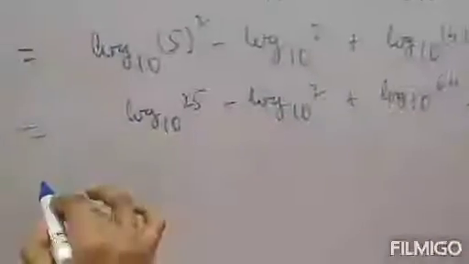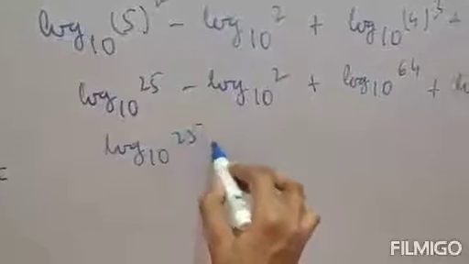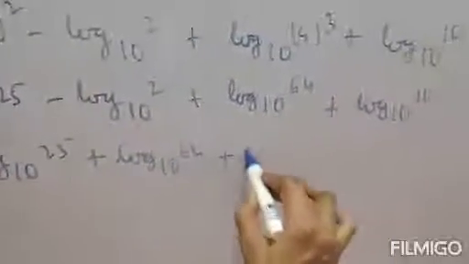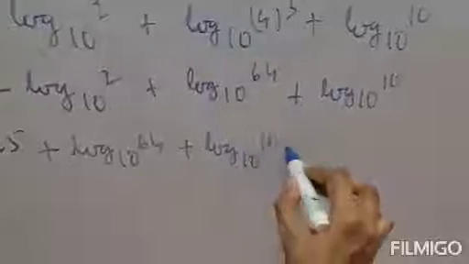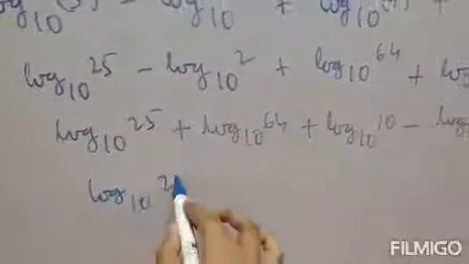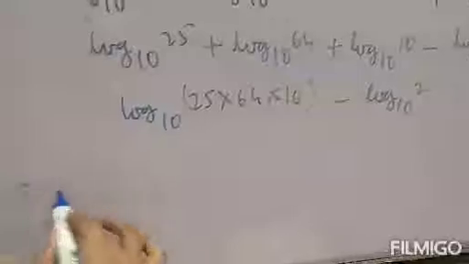Clear? Now separate the plus terms: log base 10 of 25, log base 10 of 64, plus log base 10 of 10, and separate the minus. Now all are plus here, so apply the product law, that is log base 10 of 25 into 64 into 10, minus log base 10 of 2.